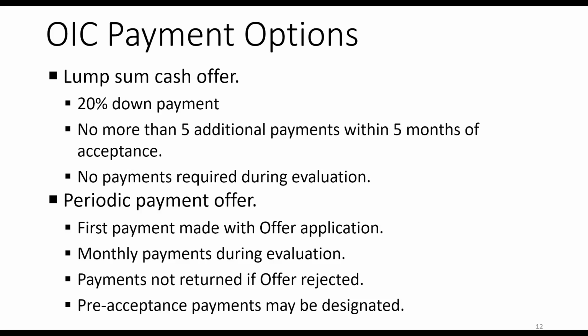When you've determined here's the income on a monthly basis, here's the allowable expenses on a monthly basis, and let's say at the end of the day it comes down to $100 a month, that's their ability to pay. Well, under the lump sum cash offer, we multiply that payment by 12. Under the periodic payment offer, we multiply it by 24. We take that plus the equity in assets, and that ultimately ends up being your offer. So, next slide, Jason.